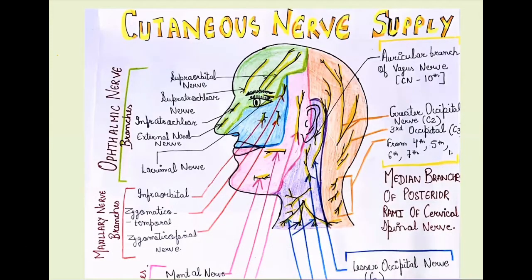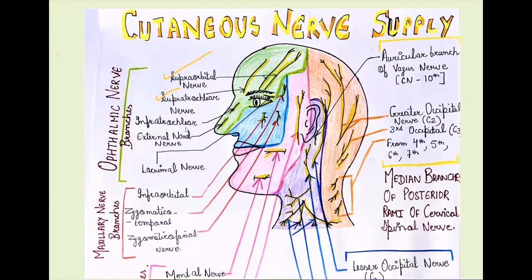So first we'll talk about the cutaneous nerve supply. The cutaneous nerve supply will start from here. This is the forehead region. It is supplied by the supraorbital nerve, then the supratrochlear nerve, right?